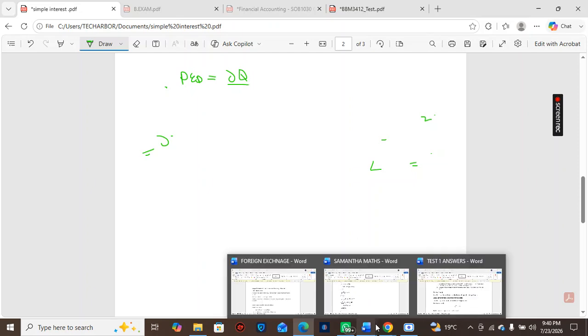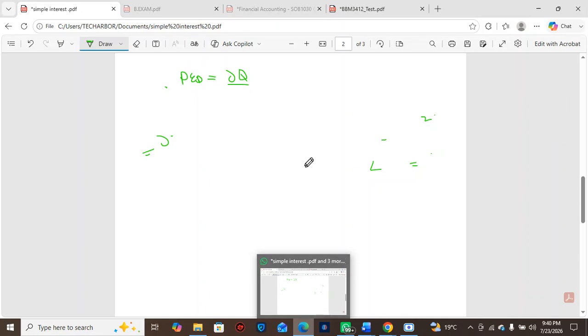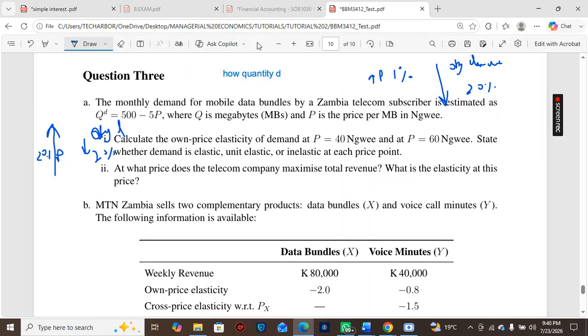This is the formula: PED equals the derivative of the demand function with respect to P, multiplied by the price over quantity. This is how you find own price elasticity of demand.